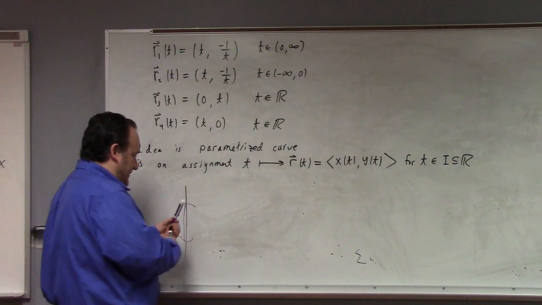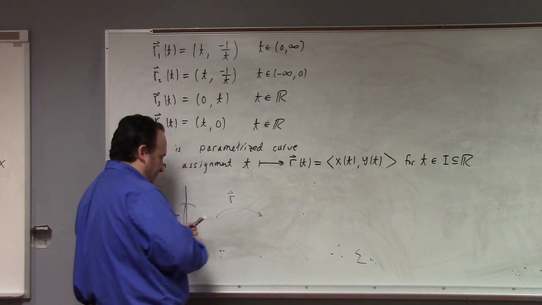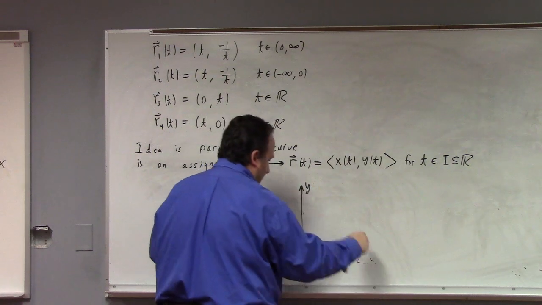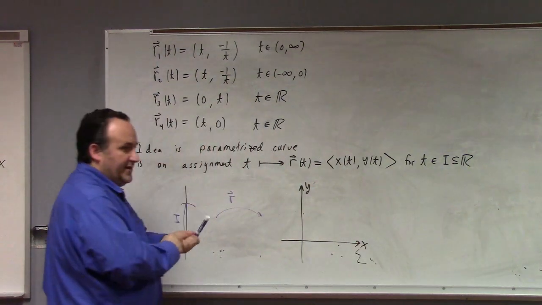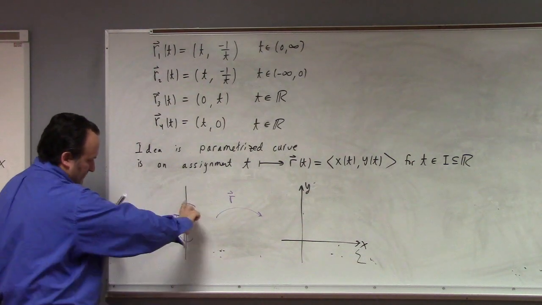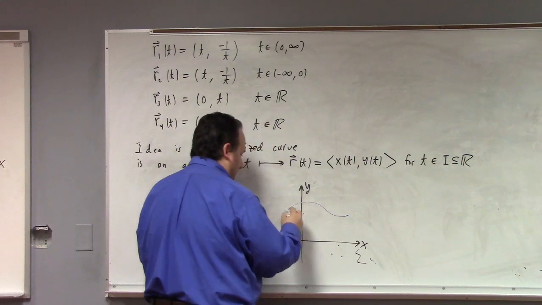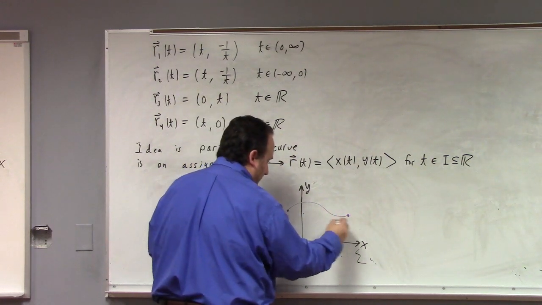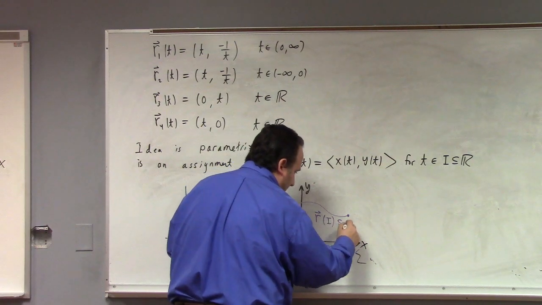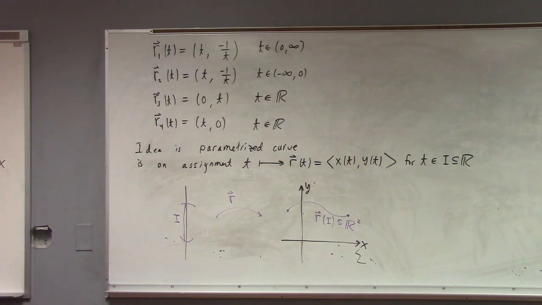What this mapping r does is it takes it and puts it in the plane, and makes it into whatever kind of curve you're looking for. It takes this little interval of real numbers and bends it around and makes it this curve, all right? So over here you're looking at r of I, which is a subset of the plane, all right? This is the idea.